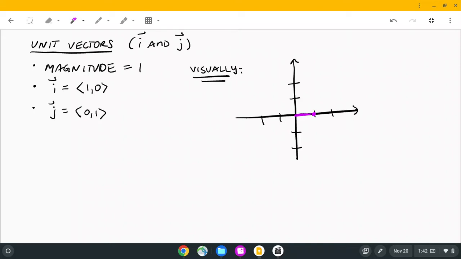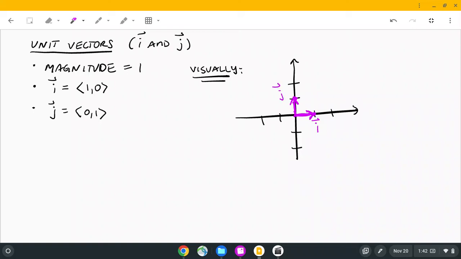So this would be the I vector. And then the J vector goes out to 0, 1, which is over here. So this vector would be the J vector.